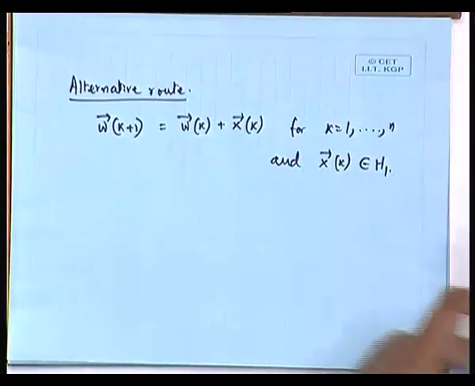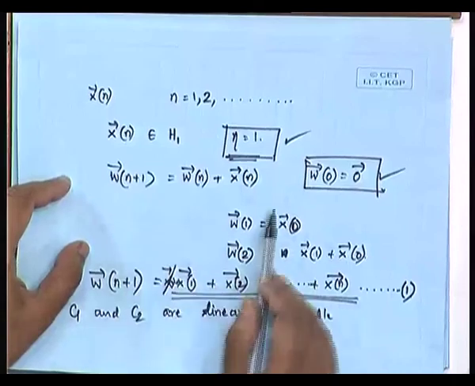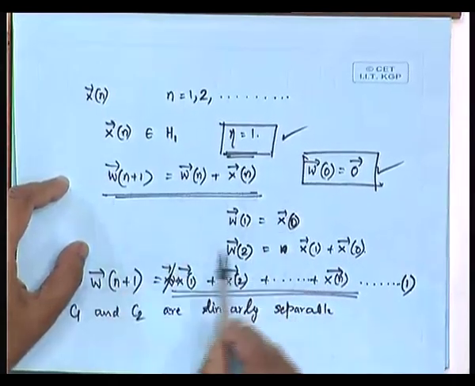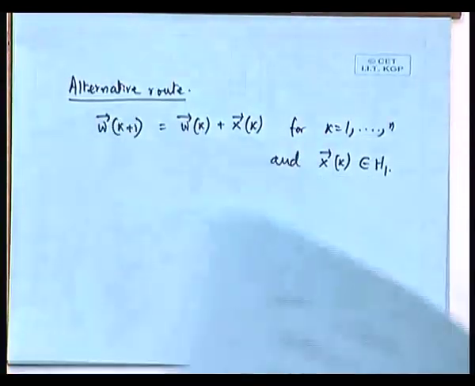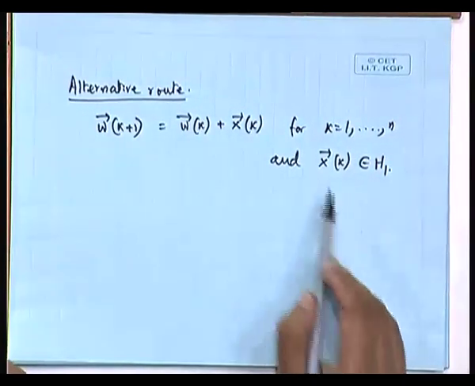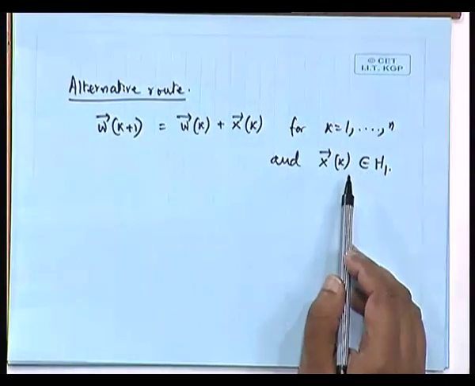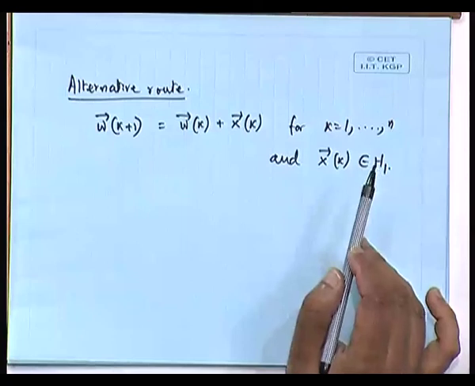I mean, the same thing that we had written last time also, isn't it? Last time also we began with this. So, there is nothing new that I have written, only thing is that I just put the index to be k, k is equal to 1 to n, and xk belonging to H1, but there is a misclassification. Because there is a misclassification, that is why I could write that.